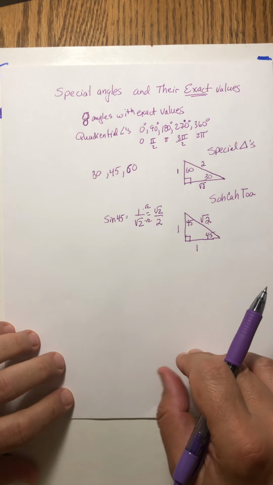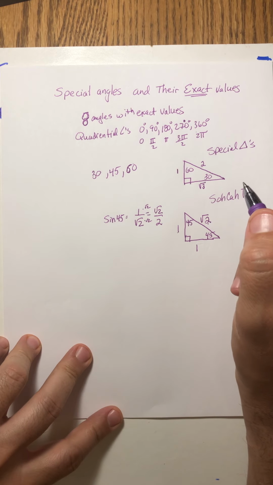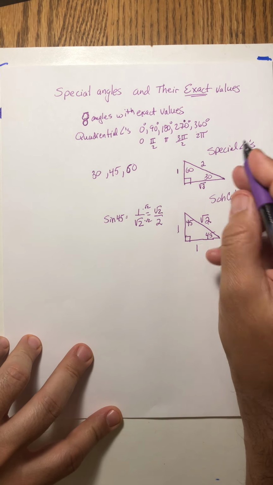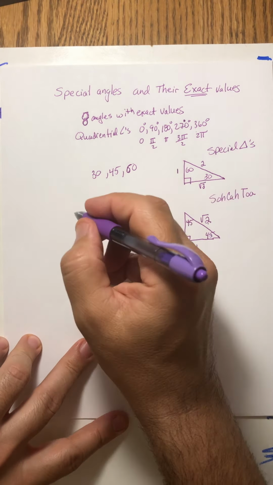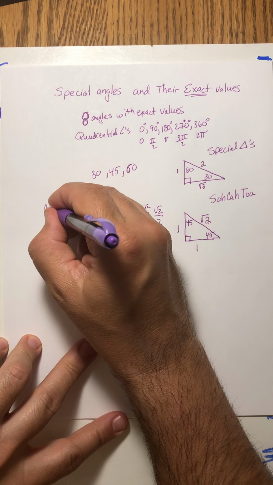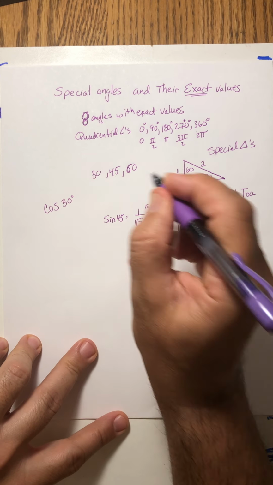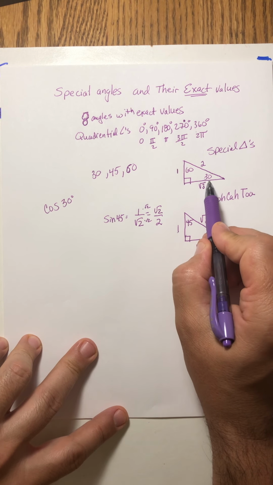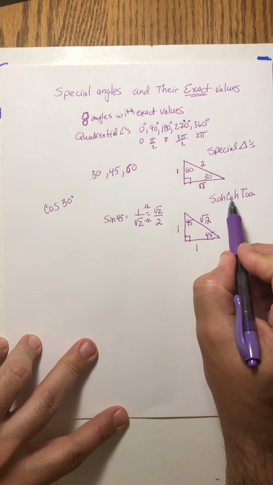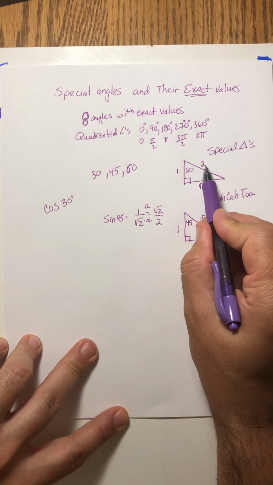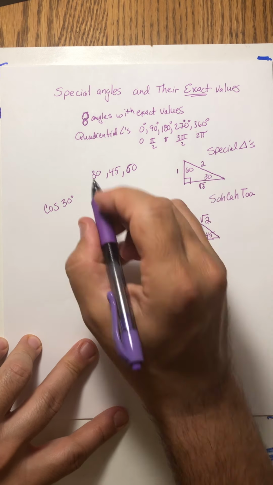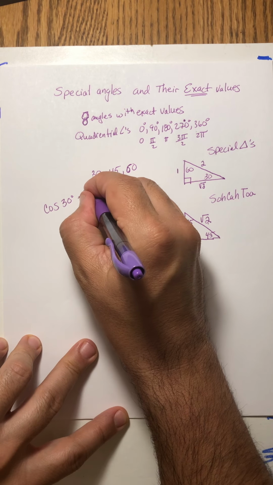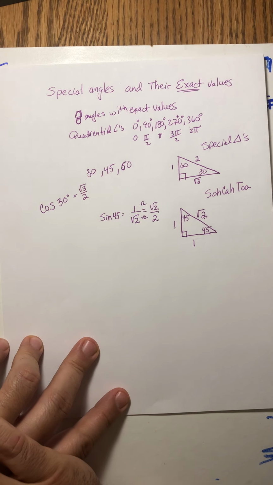Okay. If I wanted the cosine of 30 degrees, here's my 30-60-90 triangle. Cosine is adjacent over hypotenuse, radical 3 over 2.